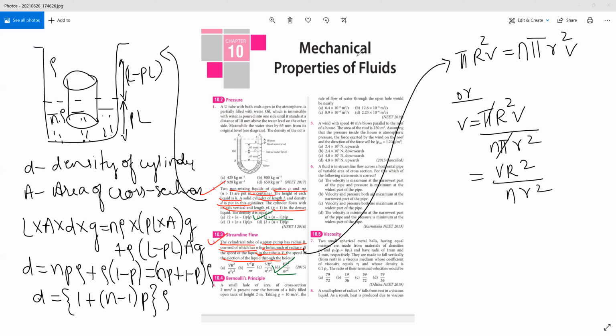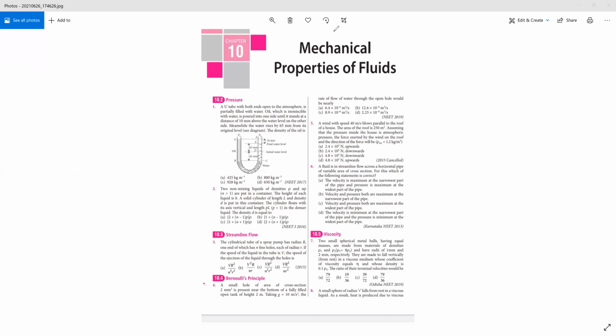So next, fourth one. A small hole of area of cross section 2 millimeters square is present near the bottom of the fully filled open tank of height 2 meters, and g value is 10 meters per second square.